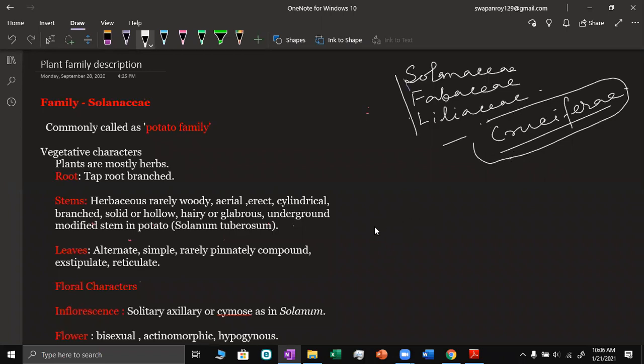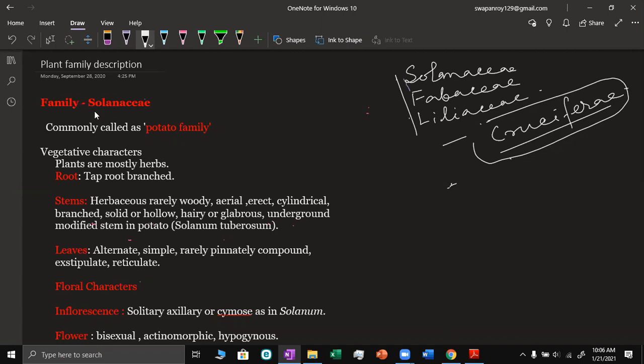In these families, they are described in technical language. Technical words are used, and this is a short description, you can say.